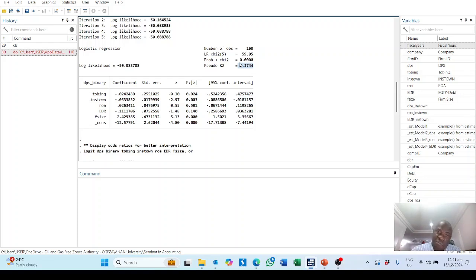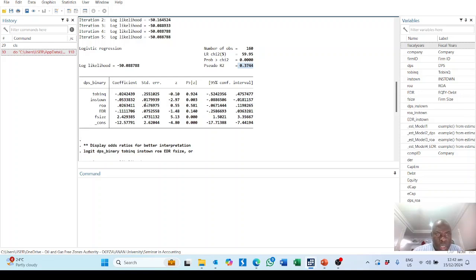We can say roughly that this explains about 37.4% of the variation that determines the likelihood of dividend payments. The chi-square is highly significant, showing that our model is well fitted for this analysis. So the result of the binary logistic regression is as we have it here.